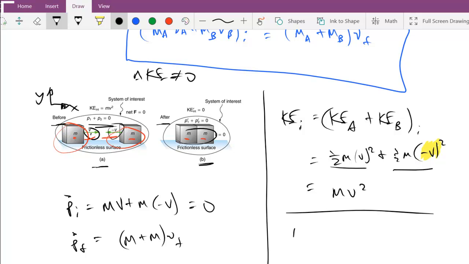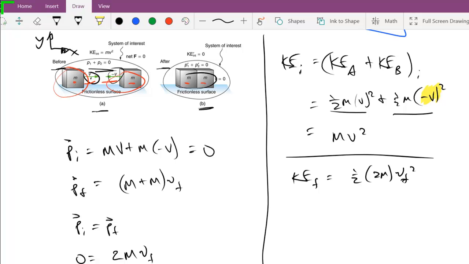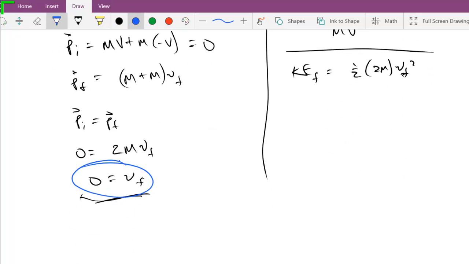Now our final kinetic energy is going to be 1/2 of twice the mass times the final velocity squared. But we know from conservation of momentum that the final velocity is equal to 0. So our final kinetic energy is equal to 1/2 times 2m times 0 squared, which is equal to 0.